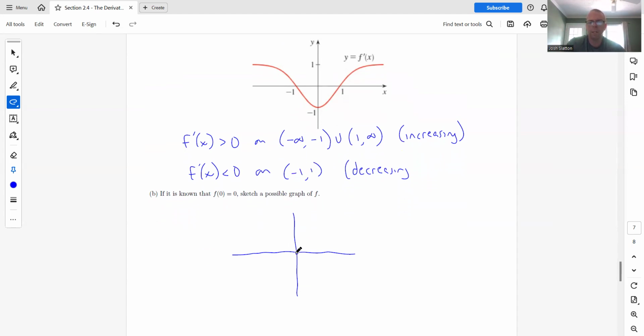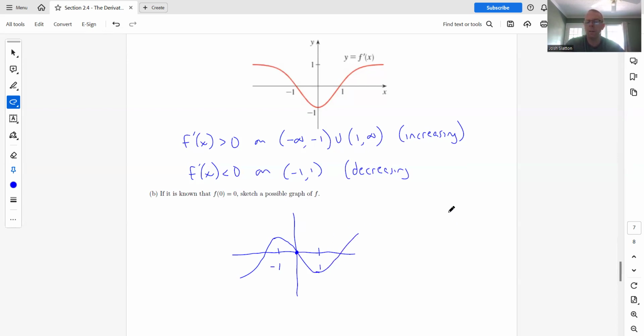So we'll start here. We know it's, let's put -1 and put 1. We know that it's increasing till we get to here. So let's draw it like that. It's going to be decreasing from there to there, and then it's going to be increasing after that.